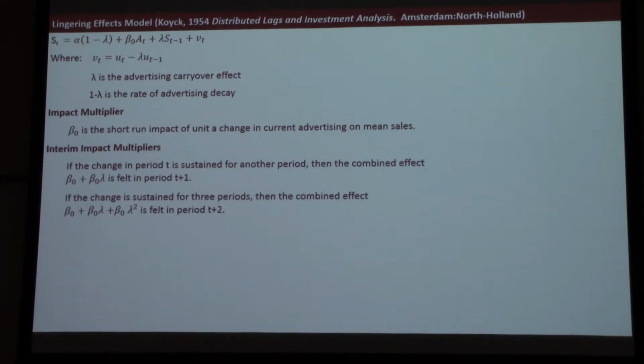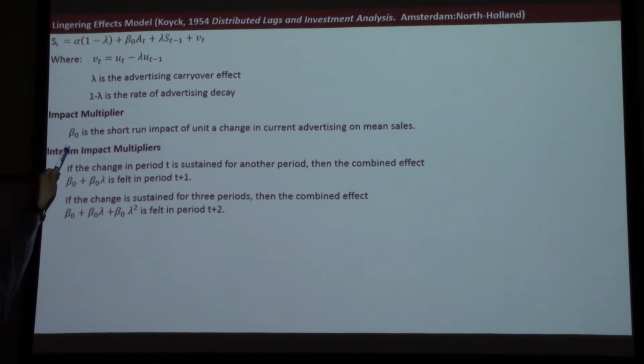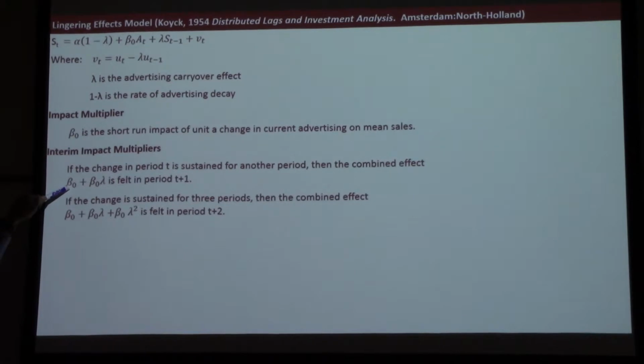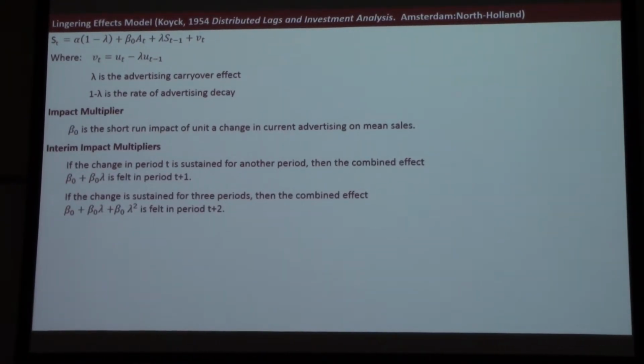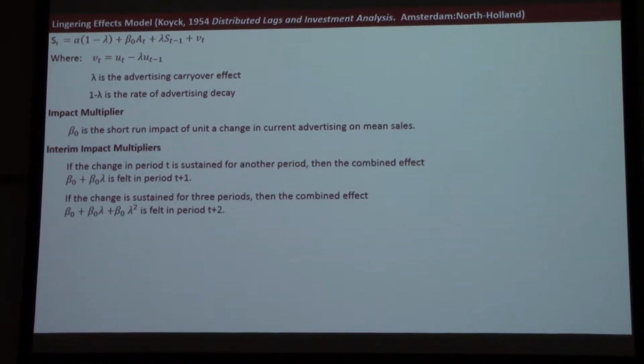So this tells us, again, the impact of advertising today, tomorrow, and 2 days from now. And it's going to decay at that rate lambda. Remember, lambda is between 0 and 1. The long run multiplier is, if you do a Taylor expansion, it's just going to be beta 0 over 1 minus lambda.